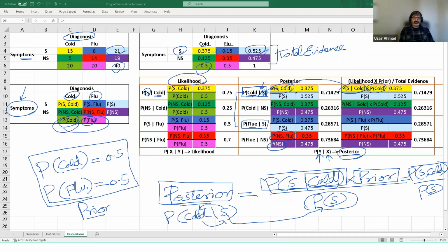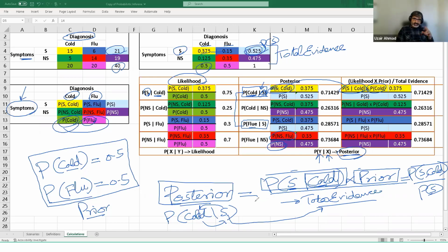We are going to combine them together. 0.375 plus 0.15 is the probability of sneezing. It is the total evidence. So likelihood multiplied by prior divided by total evidence is going to give us the answer.